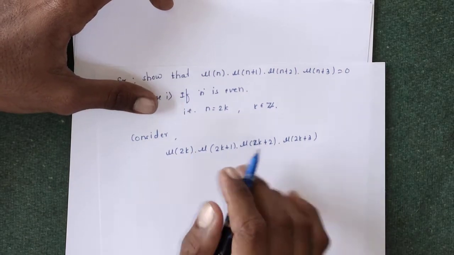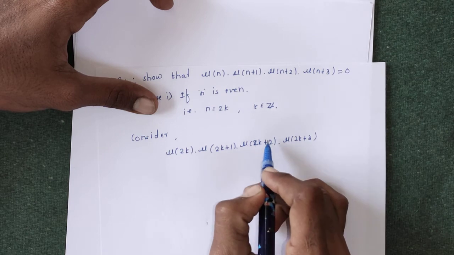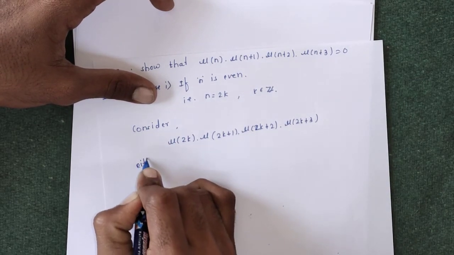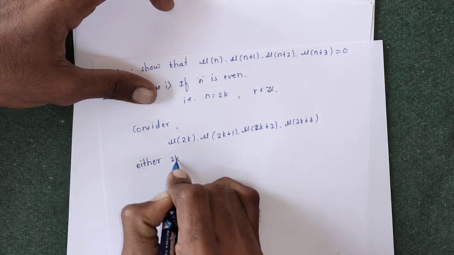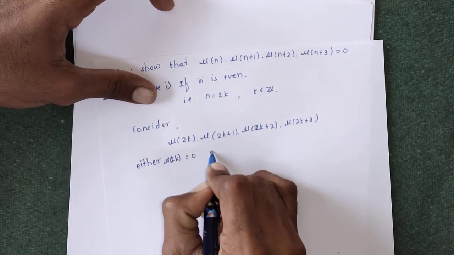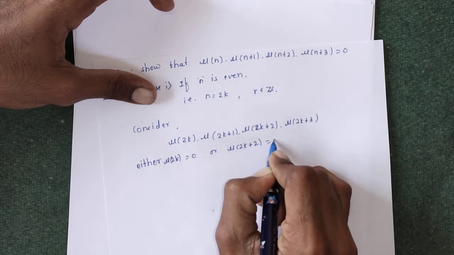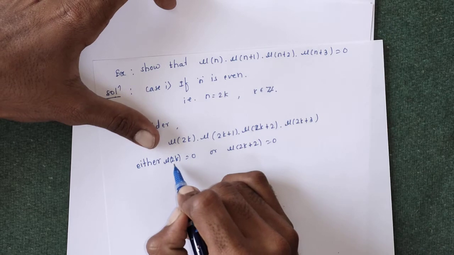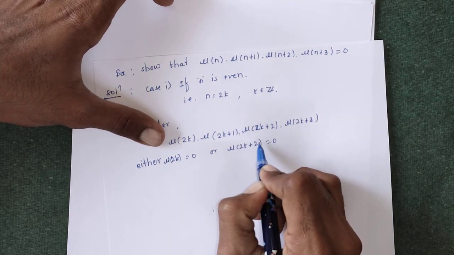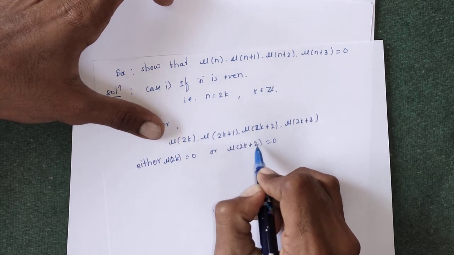Then either mu of 2k is equal to 0 or mu of 2k plus 2 is equal to 0. If k is equal to 1, then mu of 2 is minus 1, but mu of 2k plus 2, that is 4, is divisible by 2 squared. So one of these two numbers is equal to 0. If k is equal to 2, then 2k is 4 and mu of 4 is equal to 0. If k is equal to 3, then 2k is 6 and 2k plus 2 is 8, and 2 squared, 4, divides that number.